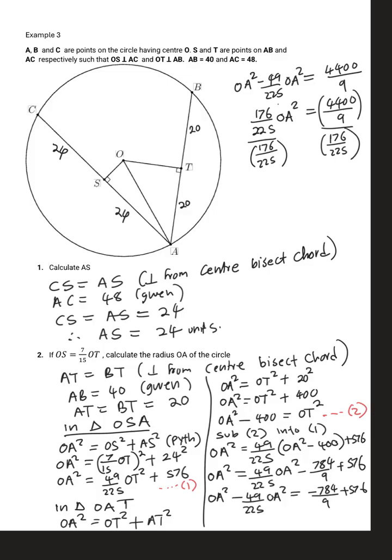Then this cancels this, and then we are left with OA squared equal to 4,400 over 9 divided by 176 over 225. Then we get 625.